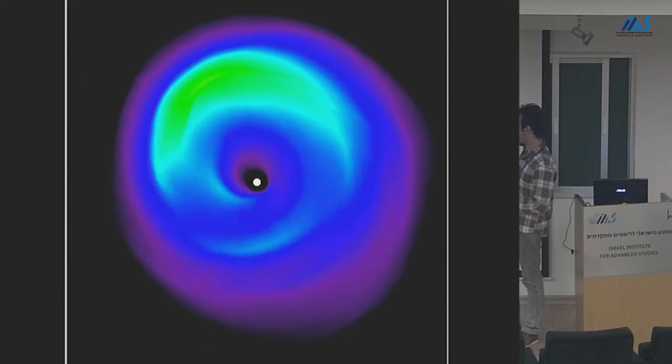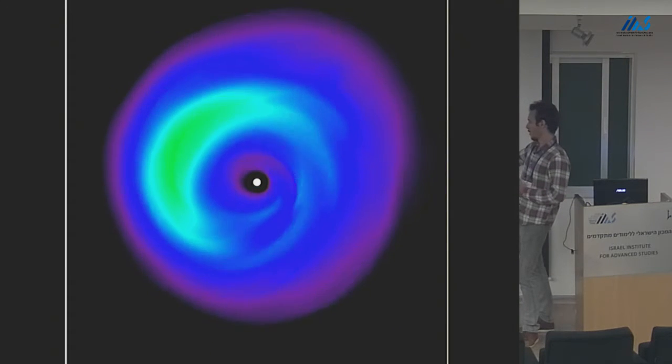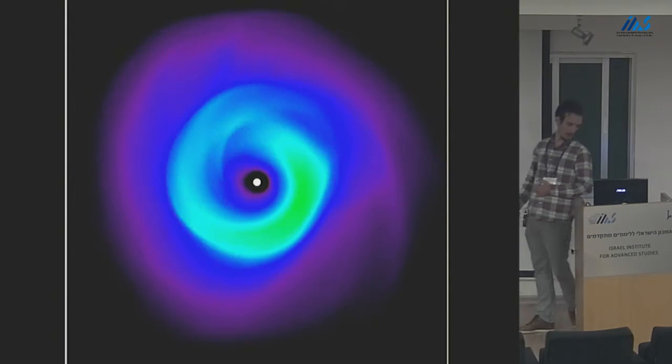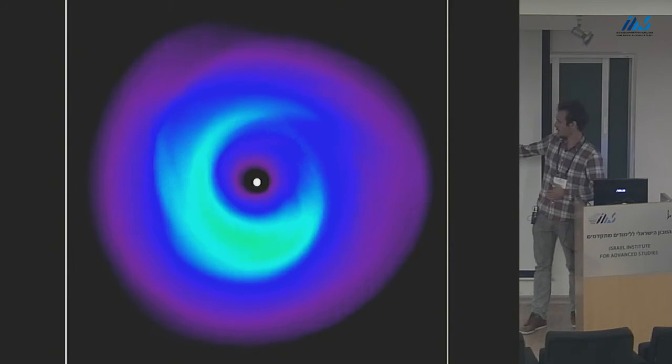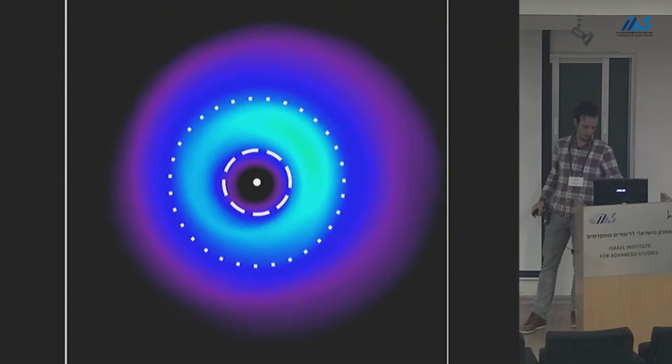And this torus forms on about the same circularization timescale as before, and it's located between the circularization radius, which you will see here, and it's within the semi-major axis of the star.